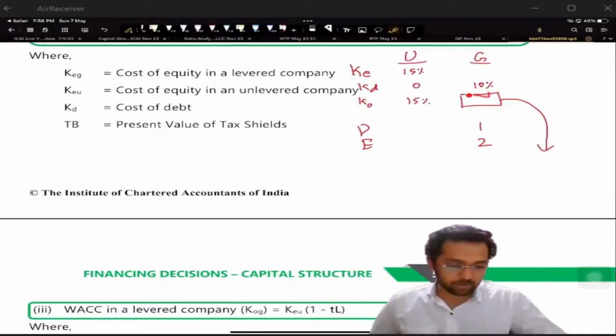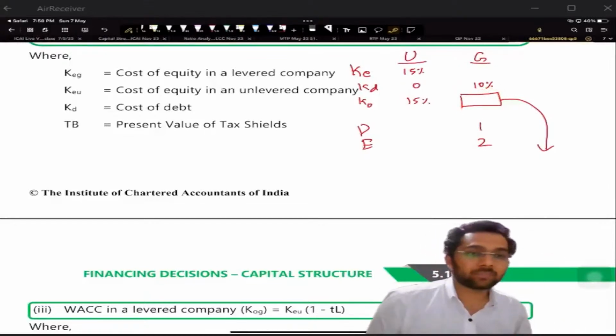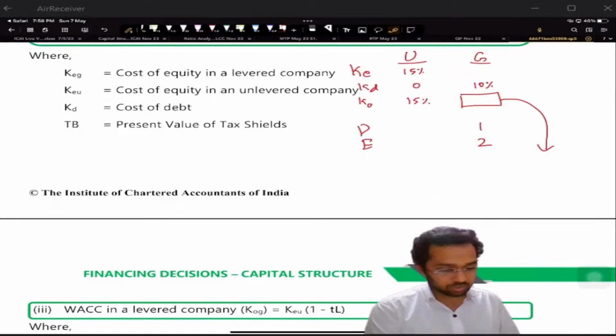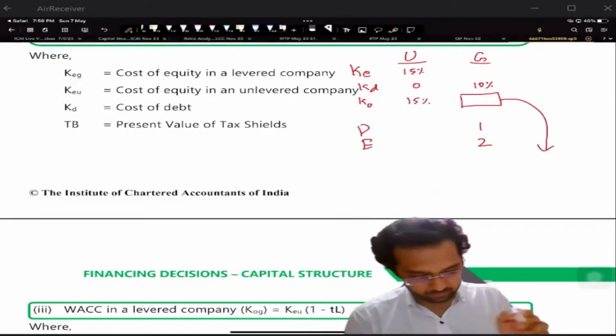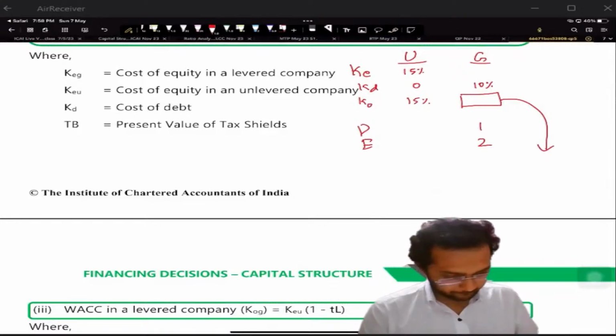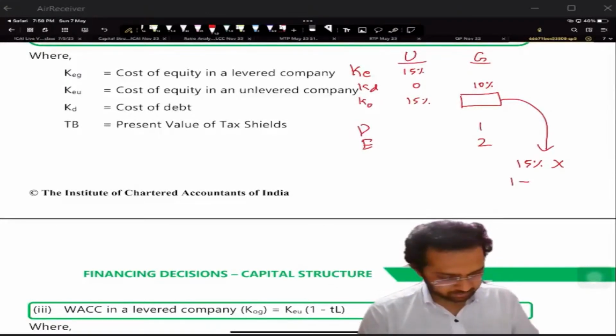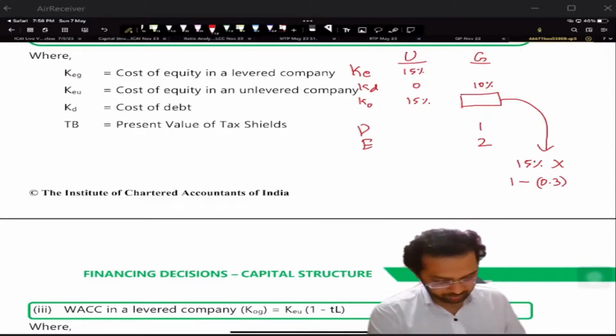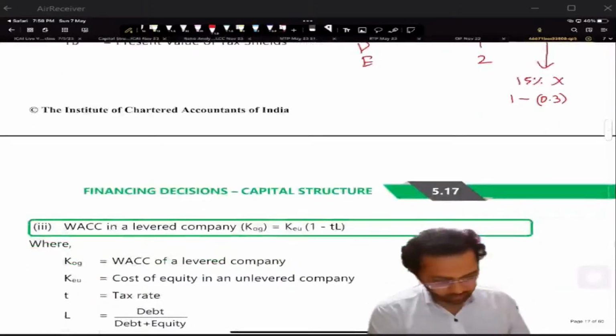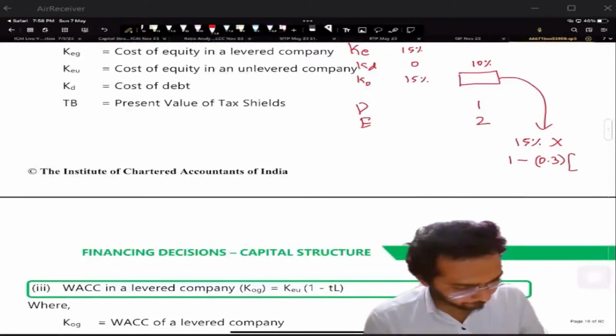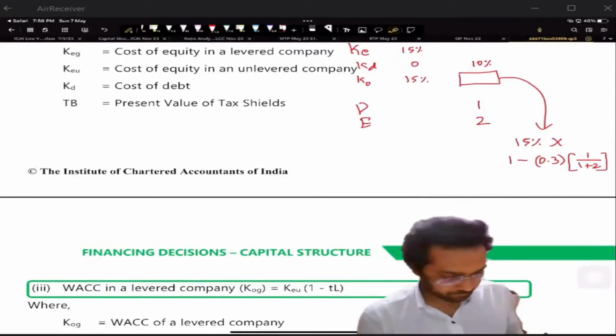So for the geared company, the overall cost of capital can be computed by using this simple formula, which says that it is going to be 15% multiplied by 1 minus, let's say the tax rate is 30%, 30% into the leverage aspect. Leverage is basically debt upon debt plus equity.